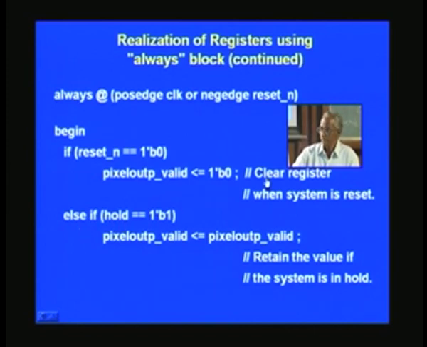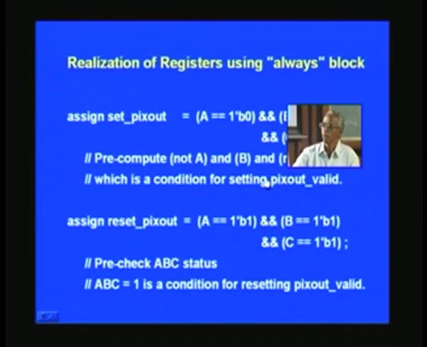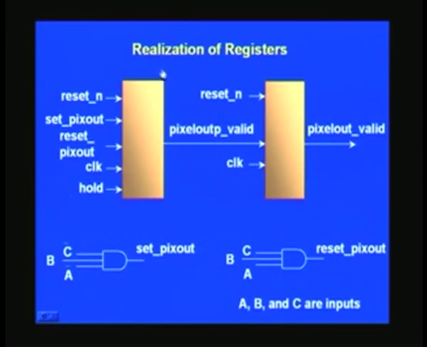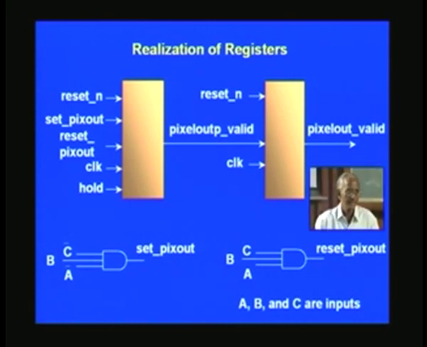We have also seen another control here called hold. Whenever you have a system, you may be processing at a very rapid pace, and there may be other systems, a host system receiving this data. If this host is not as fast as your system, naturally the host will have to hold you for the time being. So, unless you have a hold pin there, it can't hold, and that is the provision made for that.